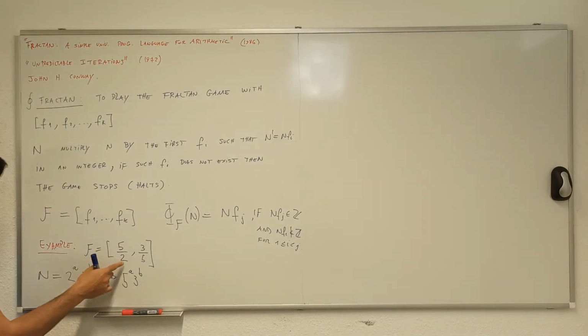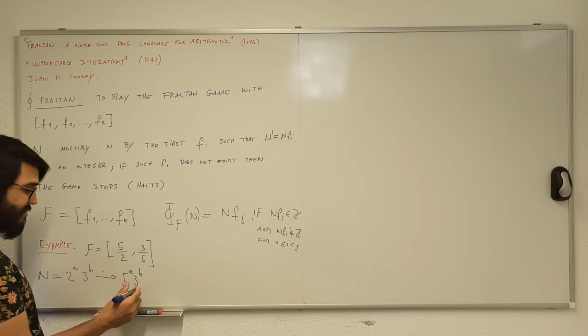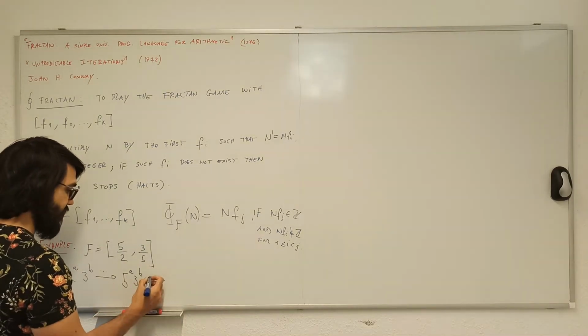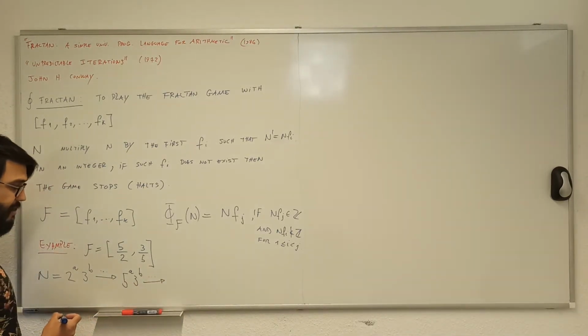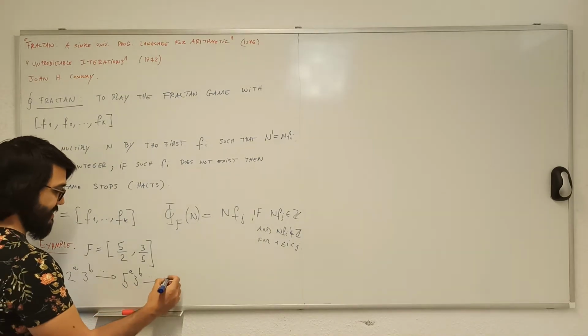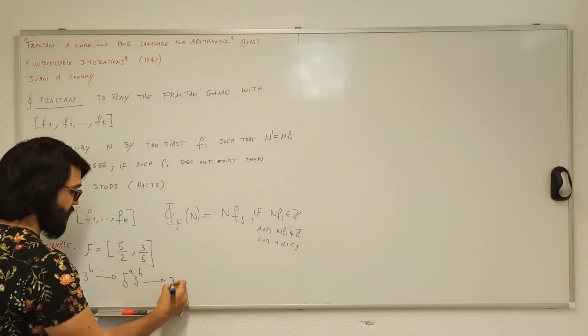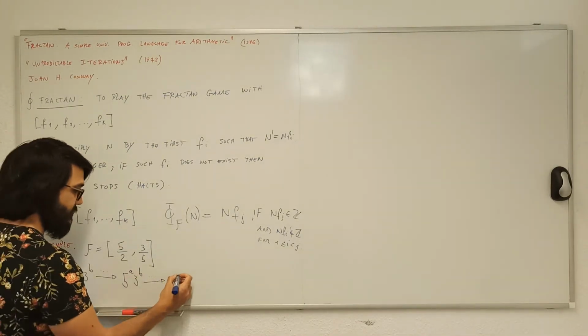Whenever I can divide by 2, I have to multiply by the first fraction. And then it's a 5 and a 3, and I can't multiply by the first, but I can multiply by the second. Then after a bunch of iterations, all this a moves to b.